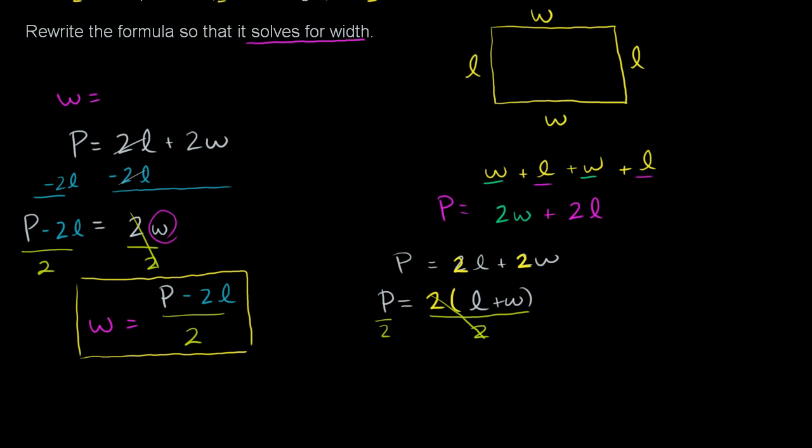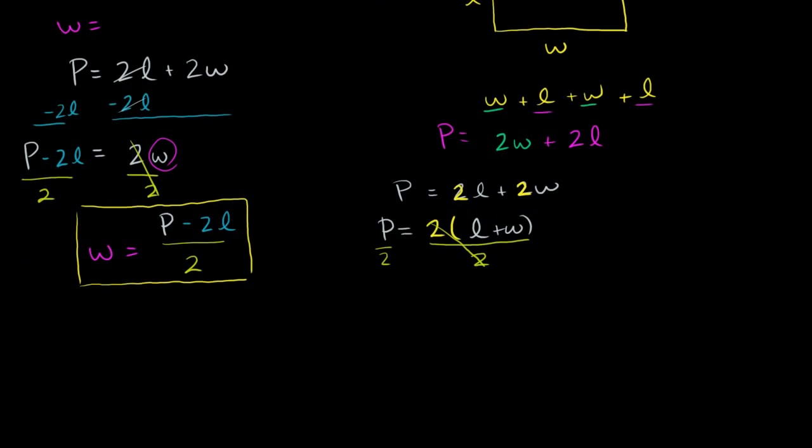So let me just rewrite this over here. So we will get P over 2 is going to be equal to L plus W. And then if we want to solve for W, we just subtract L from both sides. Sometimes you can write it in a separate line like this. Sometimes you could just write it like this. You could say, oh, I'm going to subtract an L on that side. If I do it on that side, I have to do it on this side too.